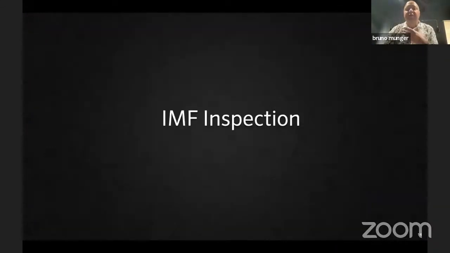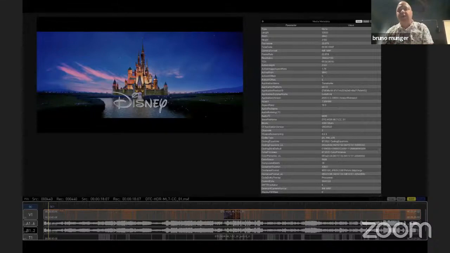How do you inspect an IMF? You need to look at the CPL metadata. You also need to look at the MXF metadata that is part of the IMF. So there's automated QC, but there's also manual QC. Like, does the color metadata within the MXF match what may or may not be in the CPL?